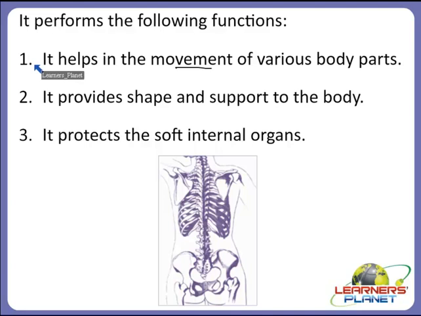Secondly, it provides shape and support to the body. We will see how it supports the parts of the body, and it also protects the soft internal organs of our body. These are very important functions which the skeletal system or the human skeleton carries out.